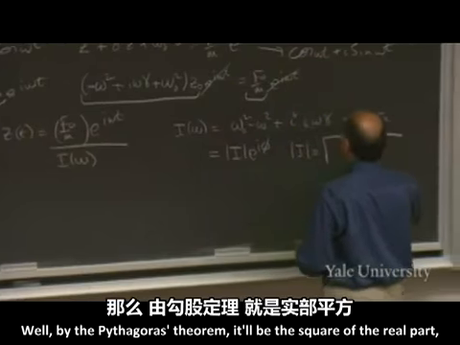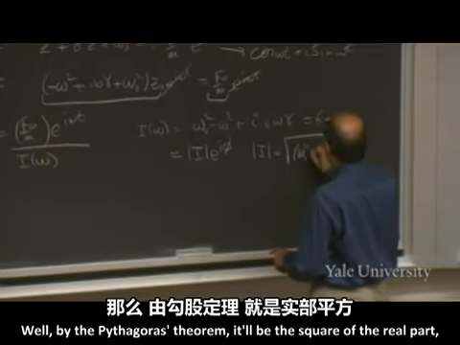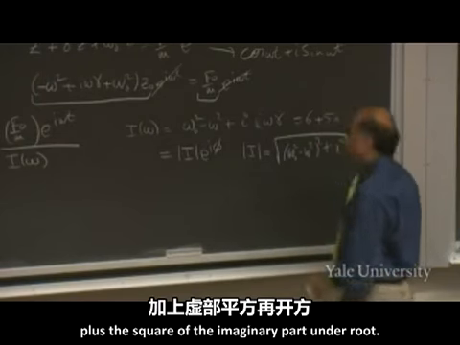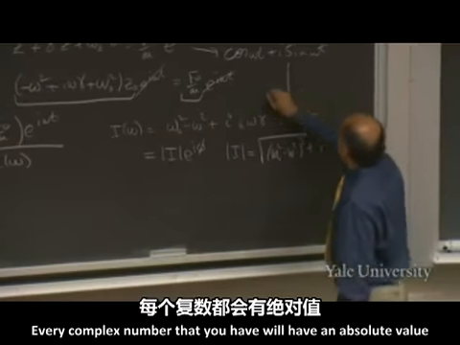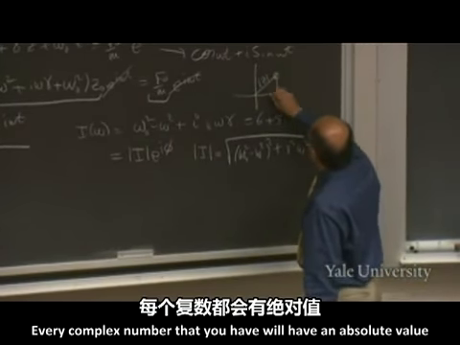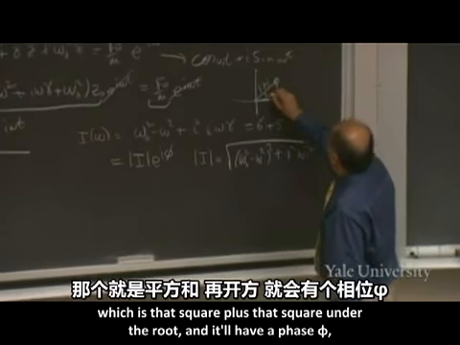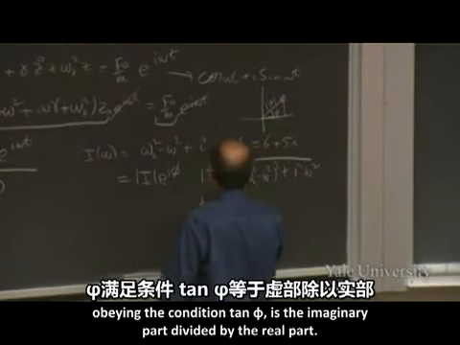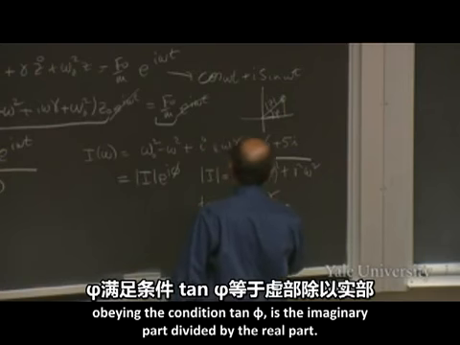Well, by the Pythagoras theorem, it will be the square of the real part plus the square of the imaginary part, under root. Every complex number will have an absolute value, which is that square plus that square under root. And it will have a phase phi, obeying the condition tan phi is the imaginary part divided by the real part.